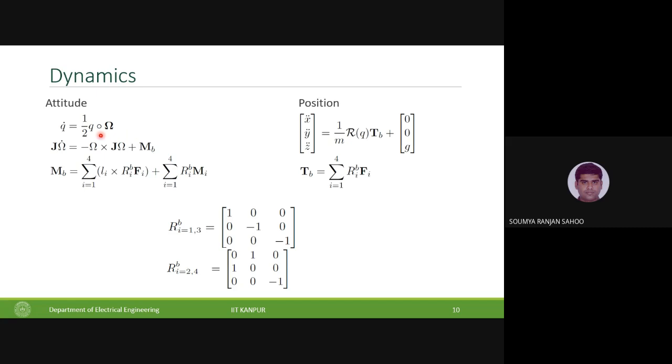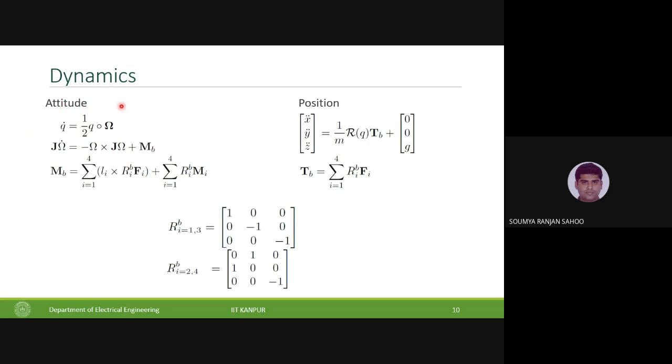The second part of the equation, that is J omega dot equals minus omega cross J omega plus M_B, is common to whatever you use. It is just this kinematics part where we have used quaternion in this representation. We also have representations in rotation matrix form and in Euler angle forms. So this is your attitude dynamics.